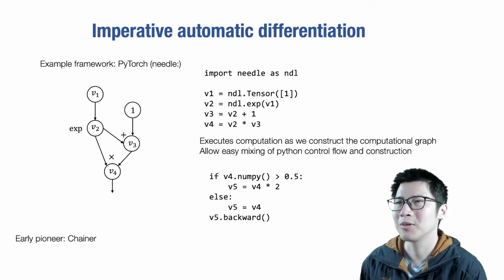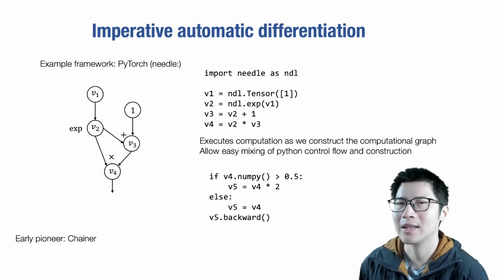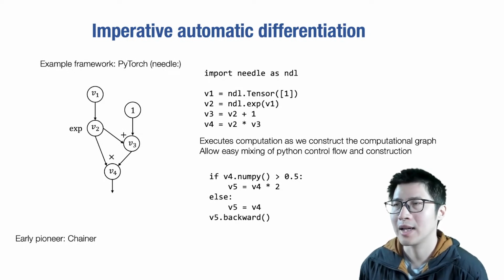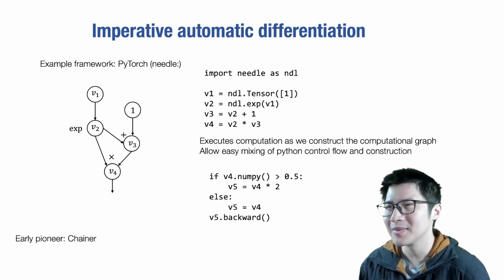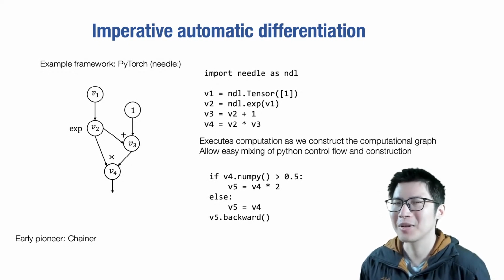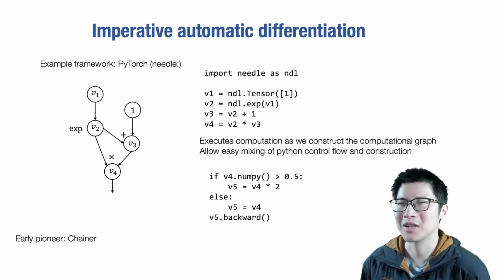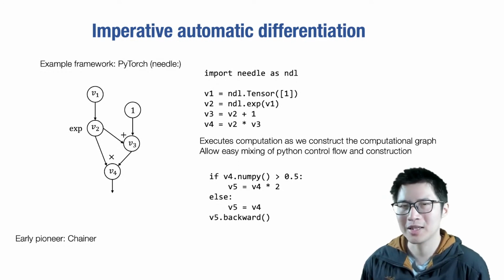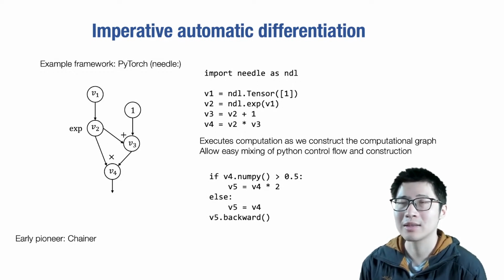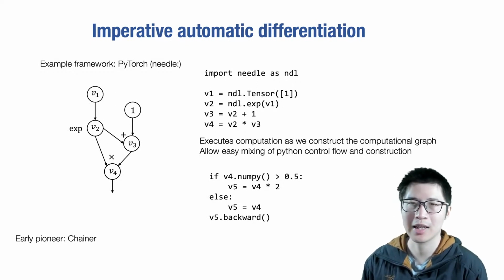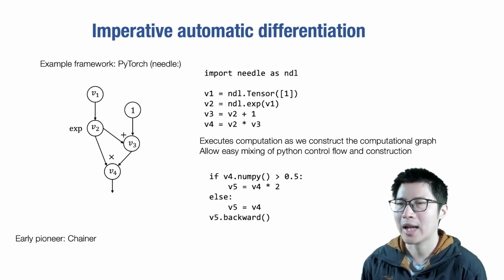So today, if you look at the choices of programming abstractions, you'll find that imperative automatic differentiation is still widely preferred. It's really an interesting combination of the ease of use, the ability to express the models that we're interested in, and still being able to leverage underlying acceleration libraries to get a good amount of speedups.